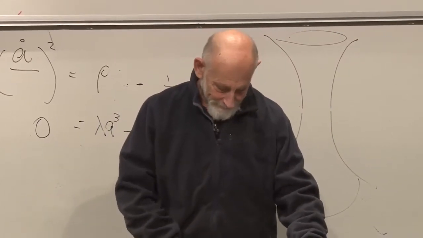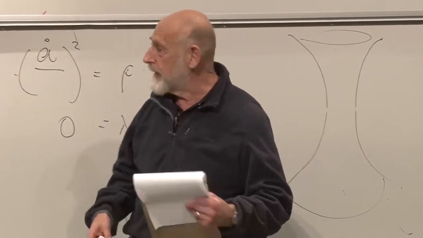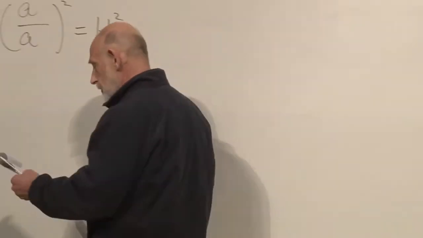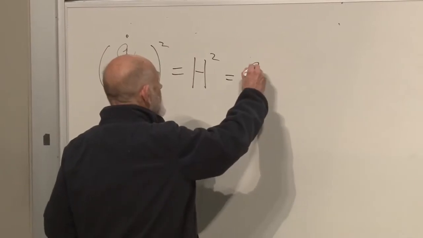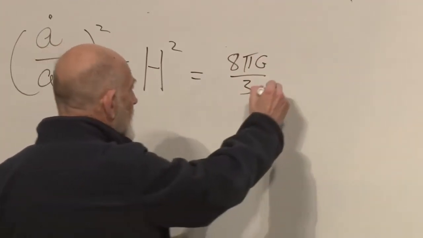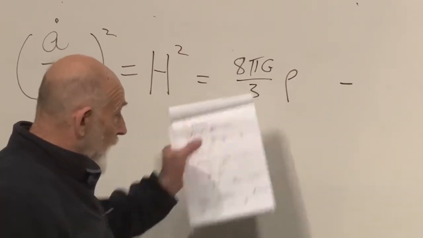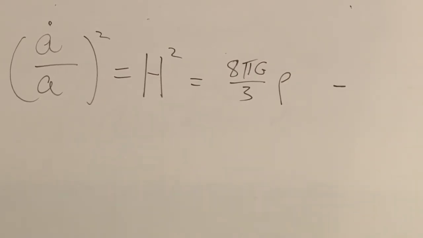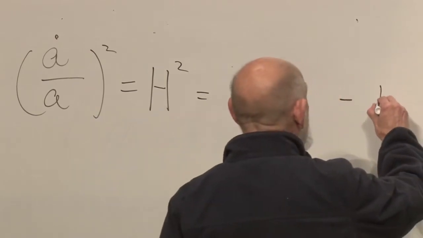If I call it the Hubble constant, forgive me, I simply mean A dot over A. This is the Hubble constant squared, and as we know, that is equal to good old 8 pi G over 3 times the energy density, minus a term coming from curvature, and that curvature term has a k in front of it.